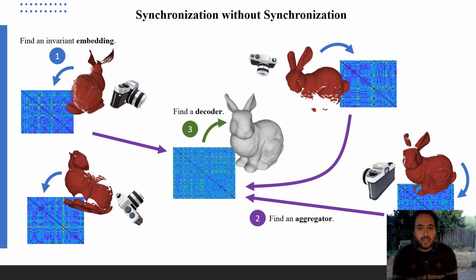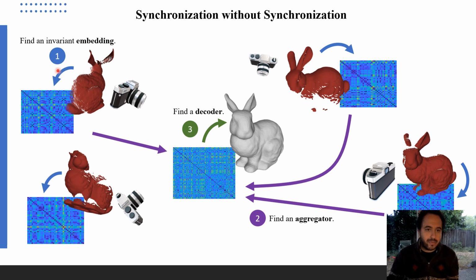And the way to be able to do this goes through finding invariant embeddings. So we want to find such embeddings that are invariant under the group transformation that we are considering. Now, in this case, for instance, we have partial observations, and we want to register them and put them together into a final bunny, as you see in the middle.